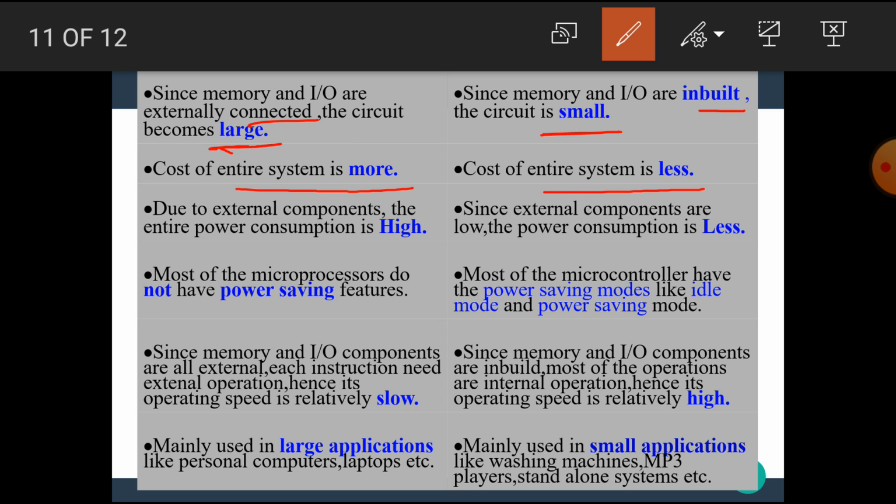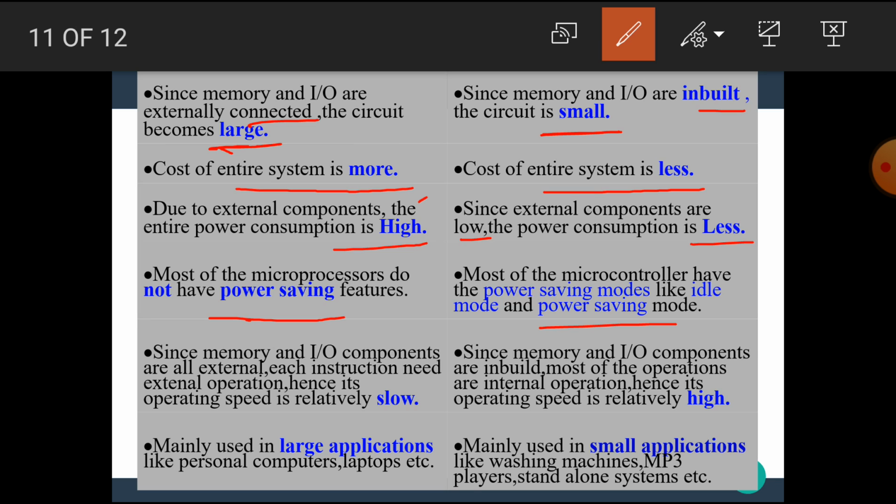In microprocessor, due to external components, the entire power consumption is high. In microcontroller, the external components are low, hence the power consumption is less. Most of the microprocessors do not have power saving mode, but most of the microcontrollers have power saving modes like idle mode, power saving mode, etc.